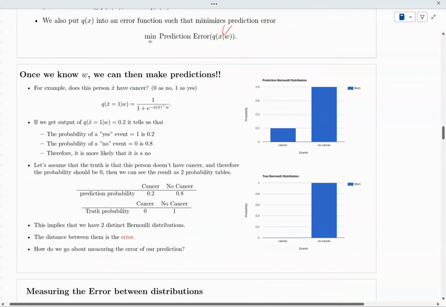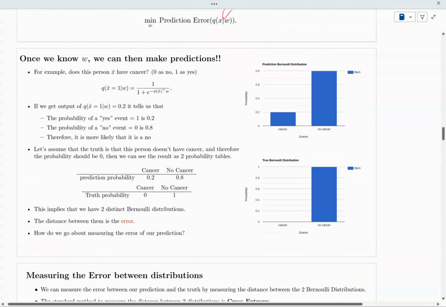All right. So once we know W, we can make lots of predictions, right? And if the prediction is 0.2 versus 0.8, then it says that it's more likely a no. So right here, let's say it's trying to detect cancer, and saying that cancer is 0.2 and then not detecting cancer is 0.8, right?